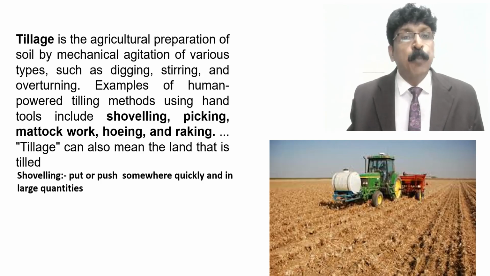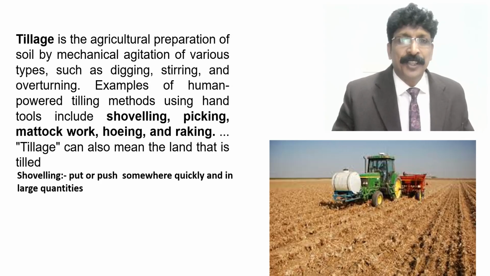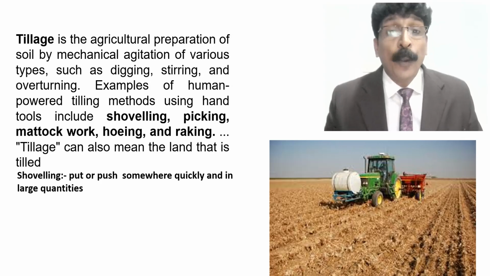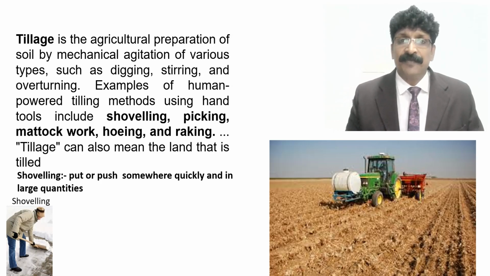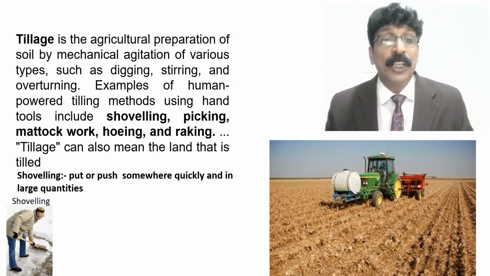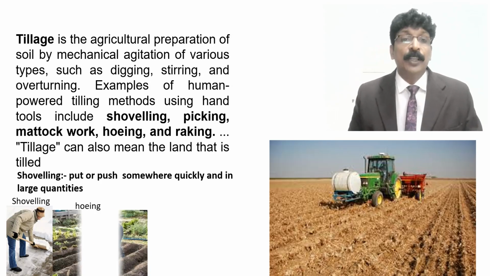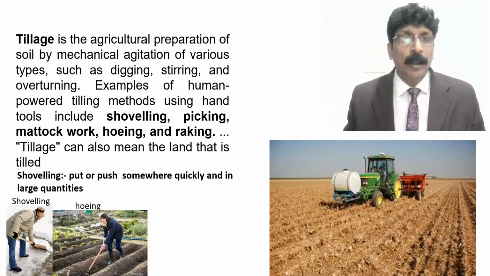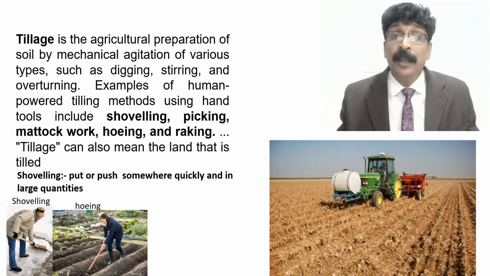Shoveling means to put or push somewhere quickly and in large quantities like shown in the picture. Here he is shoveling snow, but it can be done in the soil. Hoeing is also making a steep and in between doing with a spade like instrument.